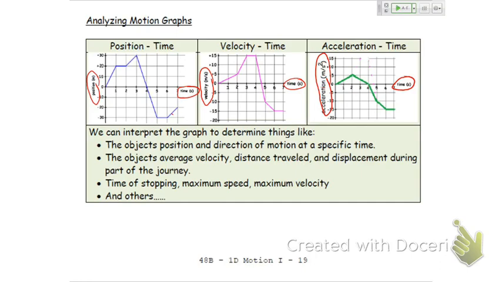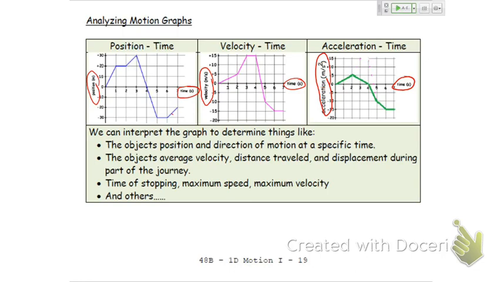I can even tell you how much it is, because it's going to be plus 20 over 1, plus 20 meters per second. What does that bit represent? What am I doing there? I'm stationary, aren't I? My position's not changing. Another positive velocity, this time 10 meters per second. And then I change direction.